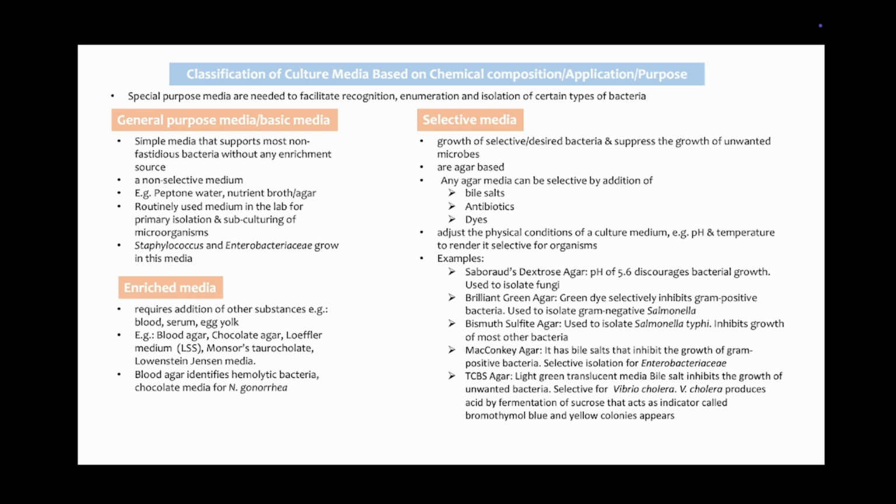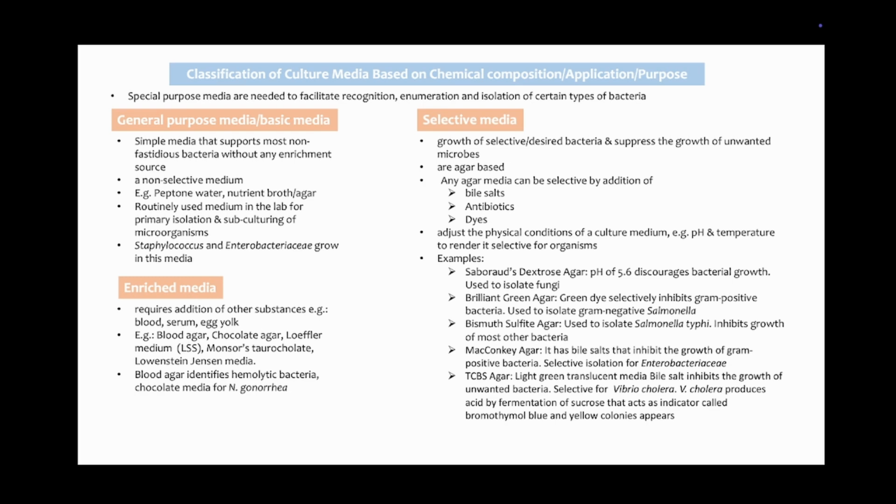So gram-positive bacteria are usually inhibited. That's why most media for gastrointestinal diseases, for example MacConkey, brilliant green agar, all of these, will have bile salts as a selective component to prevent gram-positive bacteria from growing and to allow the rest to grow, the ones that are used to growing in the gastrointestinal tract.